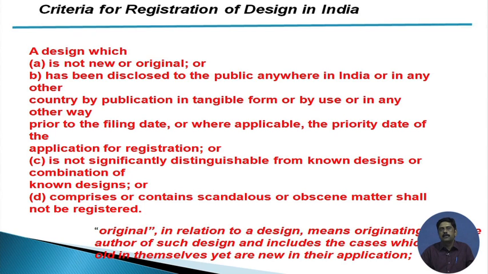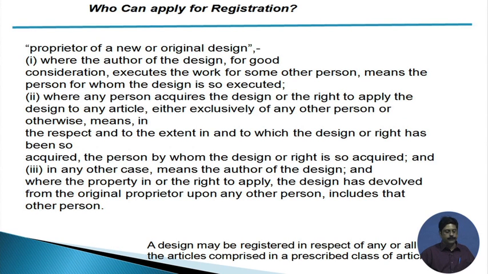If the article is new and original, not prior published, and significantly distinguishable from such existing things, then it may qualify for industrial design registration. So you understood what criteria an industrial design should meet to be registered.